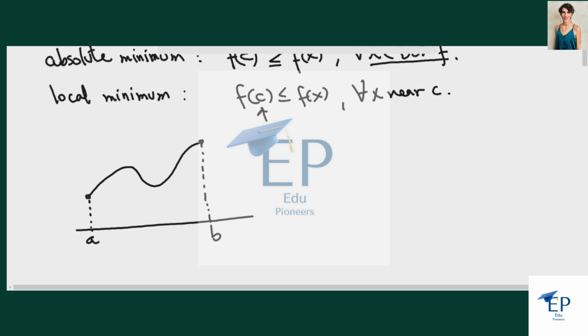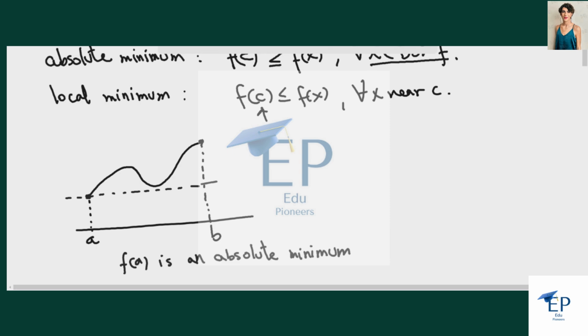That is, if we draw a horizontal line, we see that that image f of a is an absolute minimum because it's the smallest of the images of all the points in the domain, in this case in the interval AB.